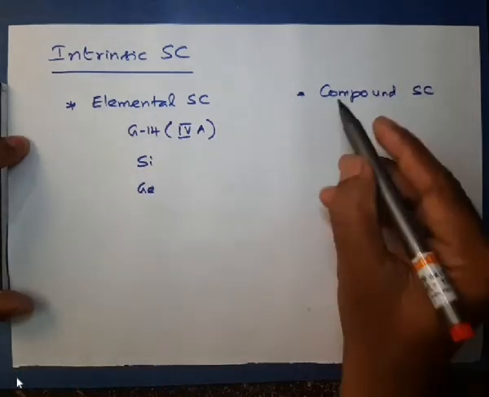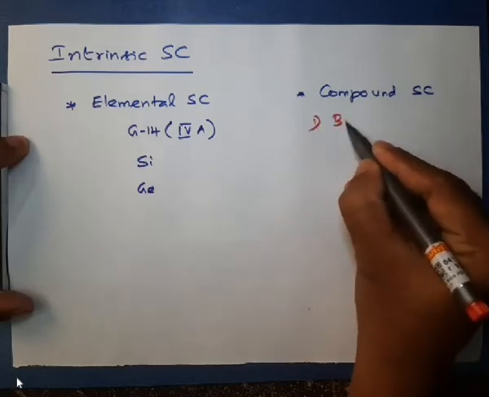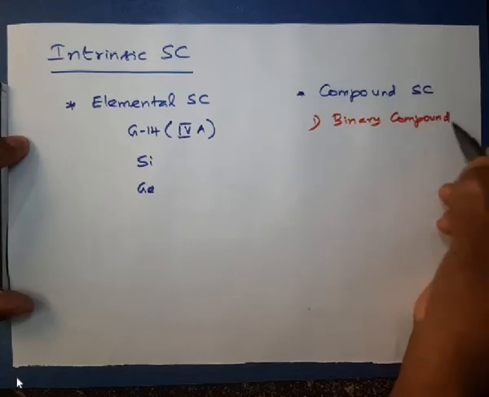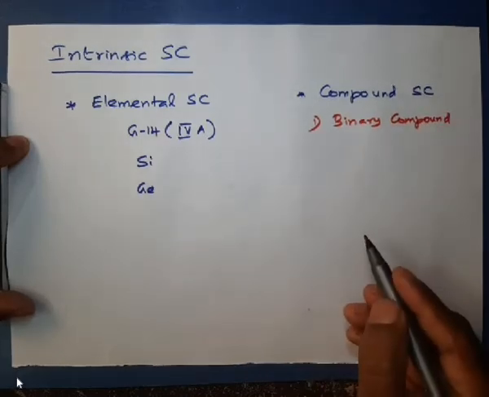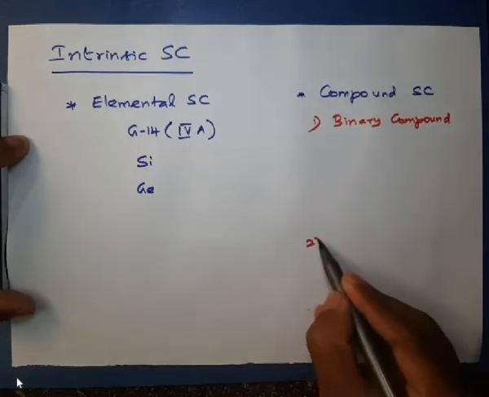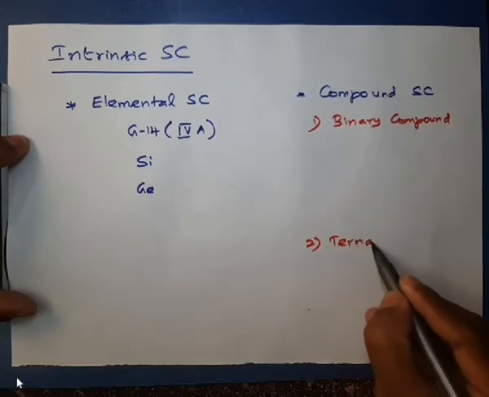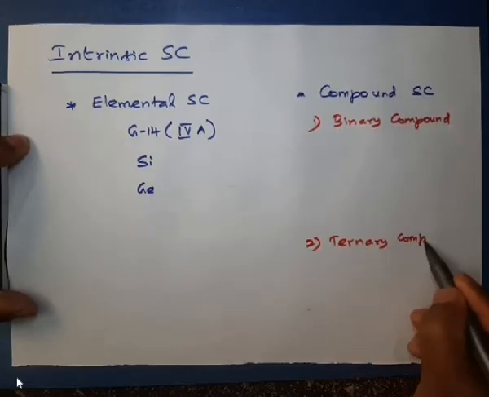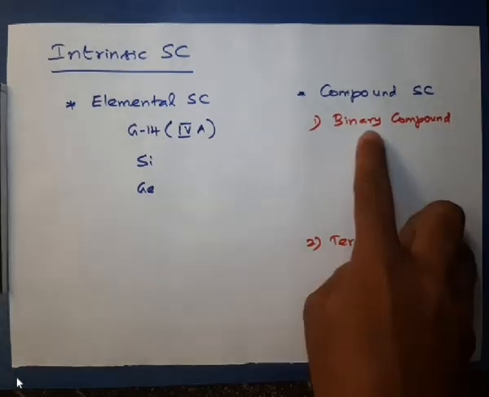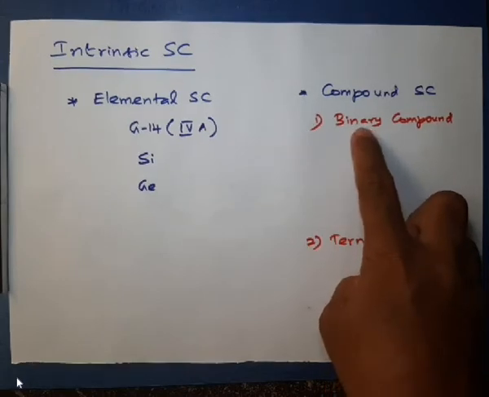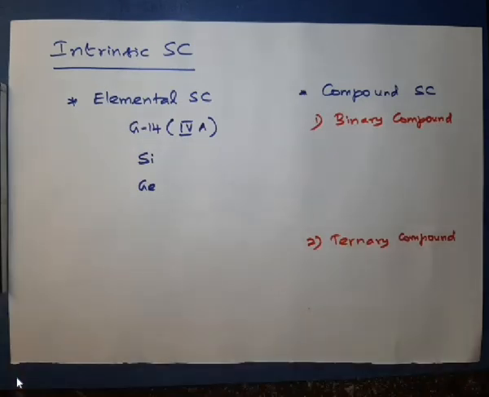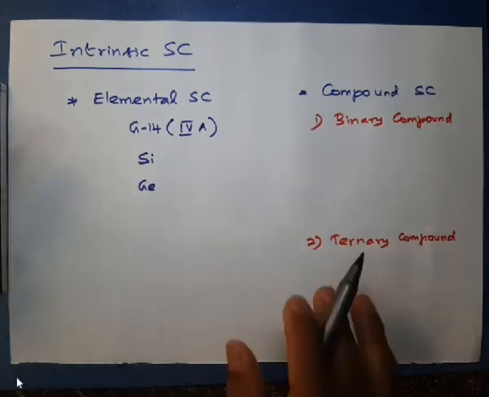In compound semiconductors we have binary compound semiconductors, ternary compound semiconductors, quaternary compound semiconductors, etc. Binary means, the word itself suggests, that you take two elements and mix them to form a compound.